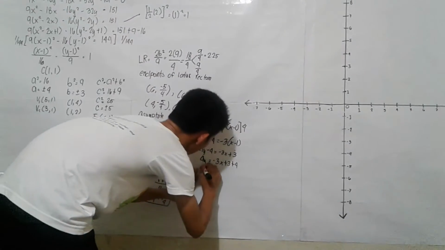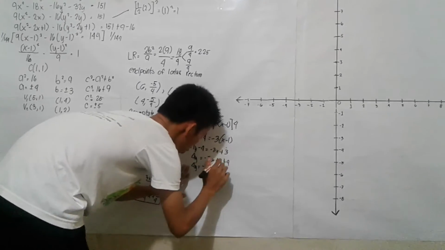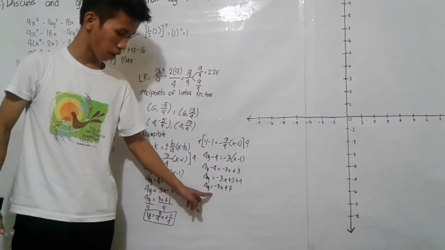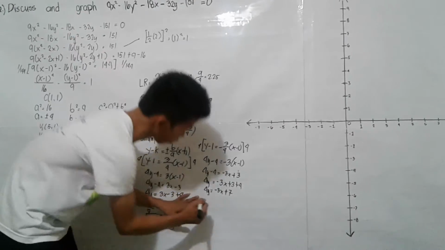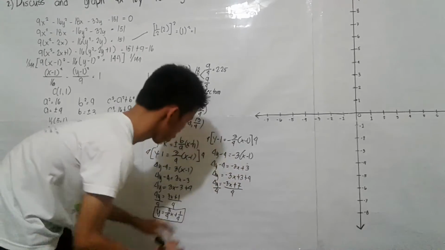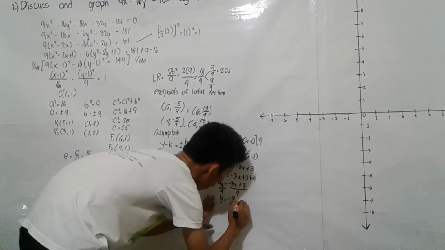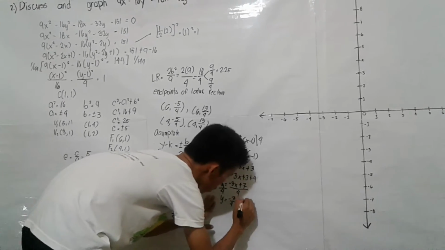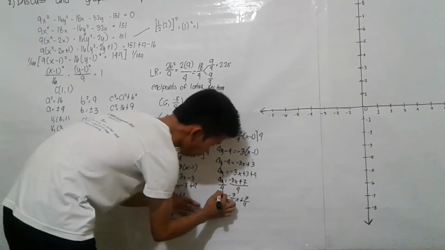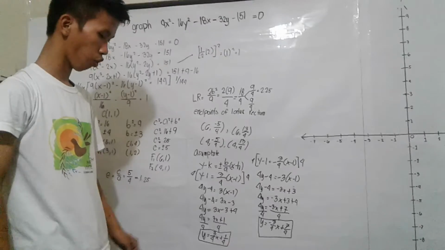Then 4y is equal to negative 3x plus 7, so 3 plus 4 is 7. Then divide by 4, this 4 and also this 4. So this will become y is equal to negative 3/4 x plus 7 over 4. So this is the value of the asymptote in the negative form.